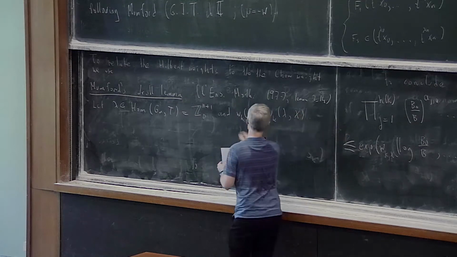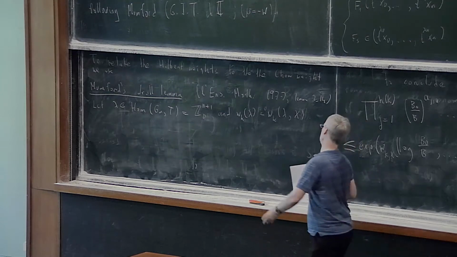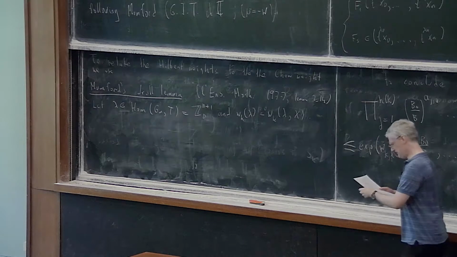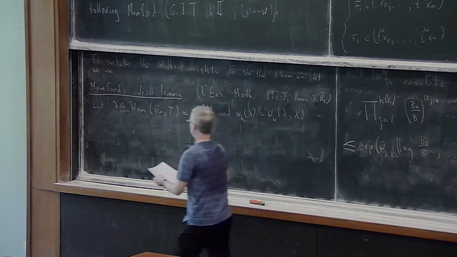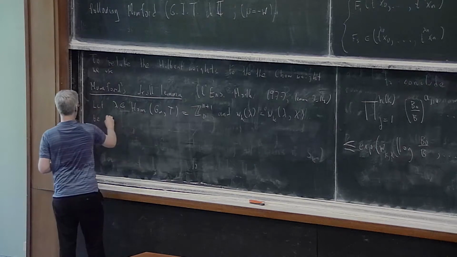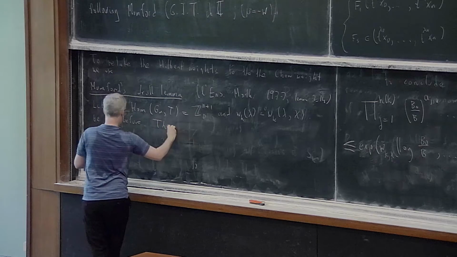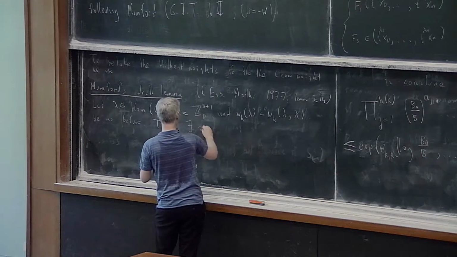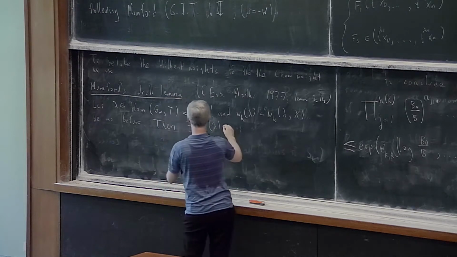I will skip this x because x will be fixed. All these functions will depend on x in general, but since I will only consider one variety now, I will just skip x. Be as before. Then there exist coefficients a_i of lambda belonging to Z.